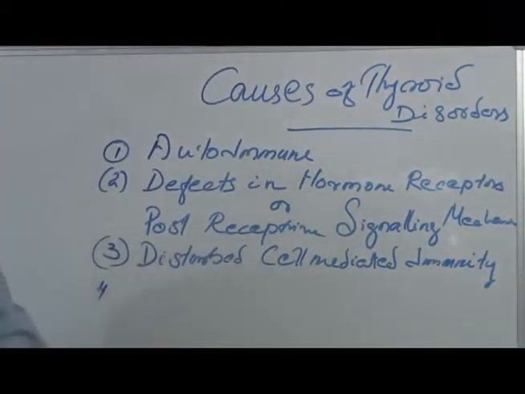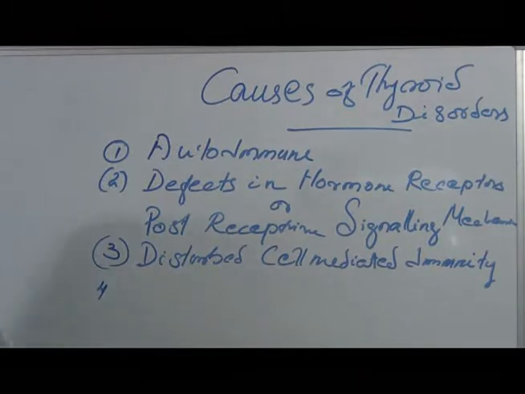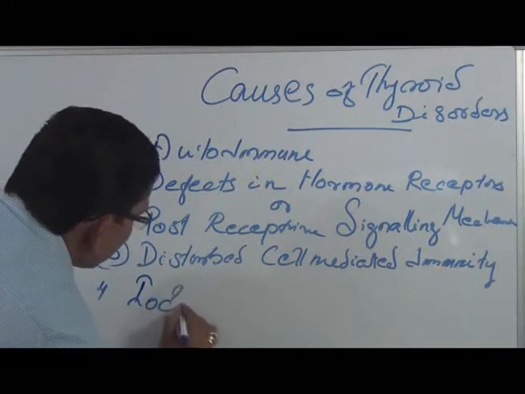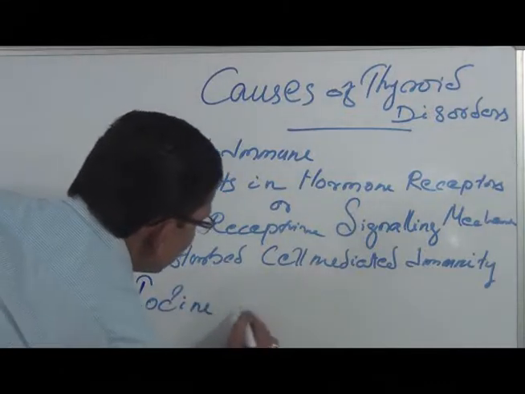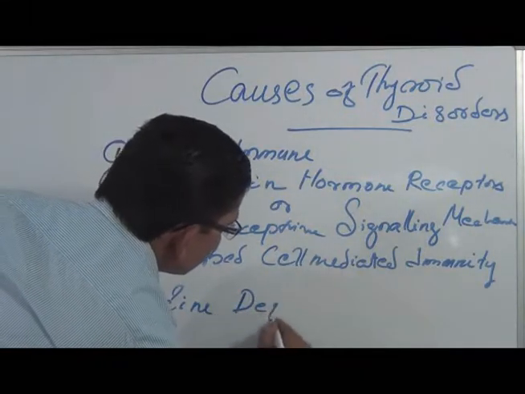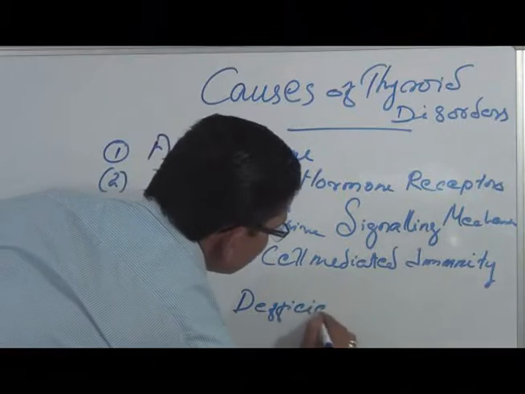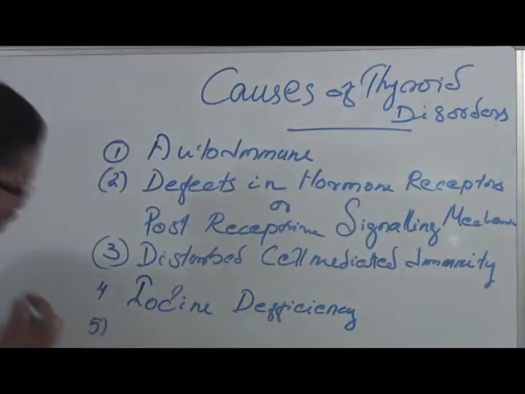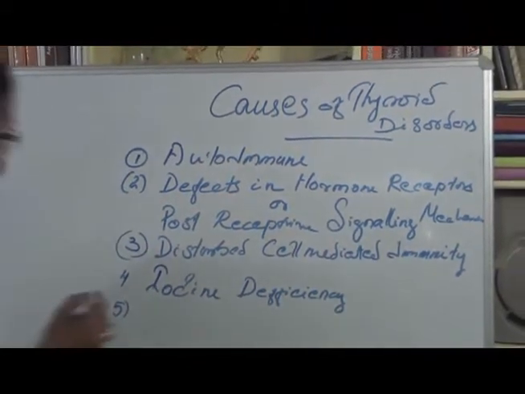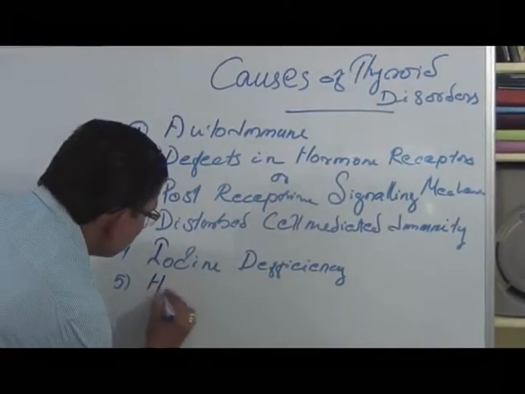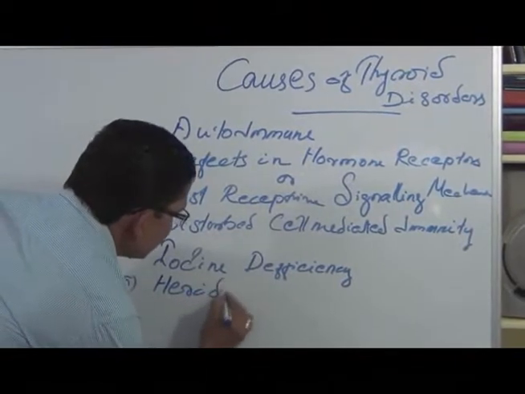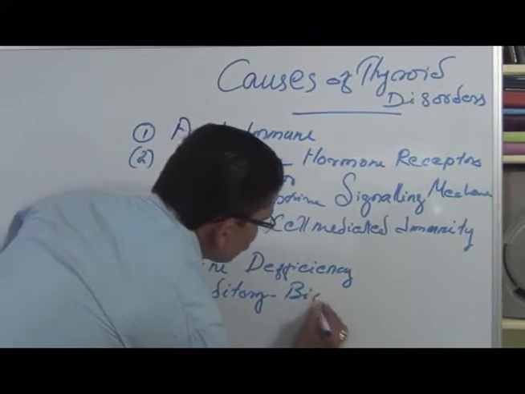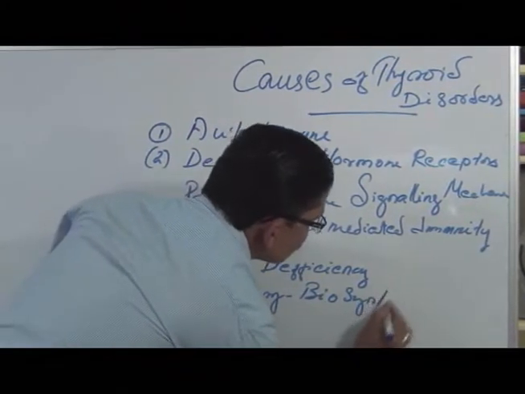Number four, iodine deficiency. Number five, there may be some hereditary biosynthetic defects.